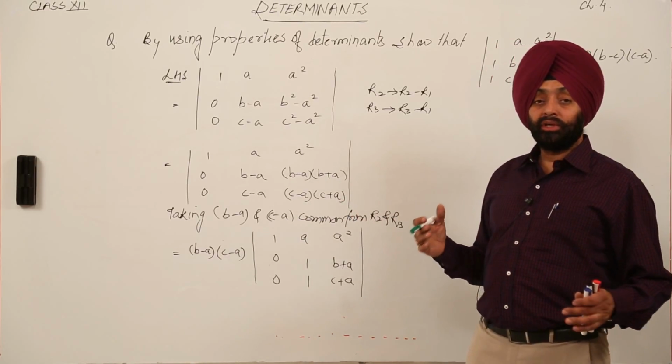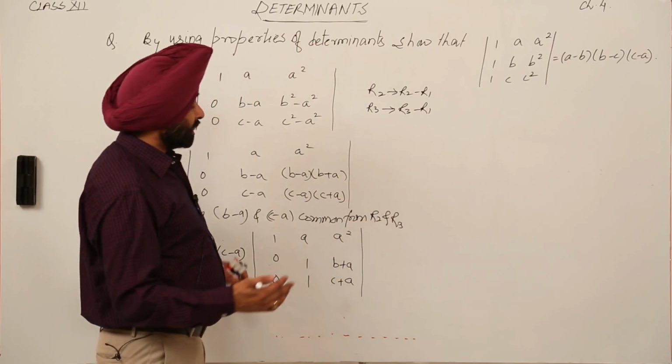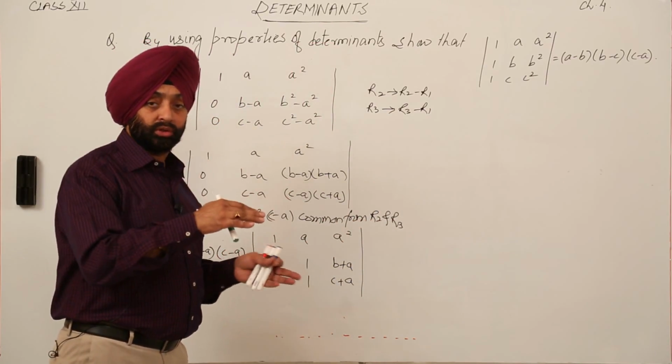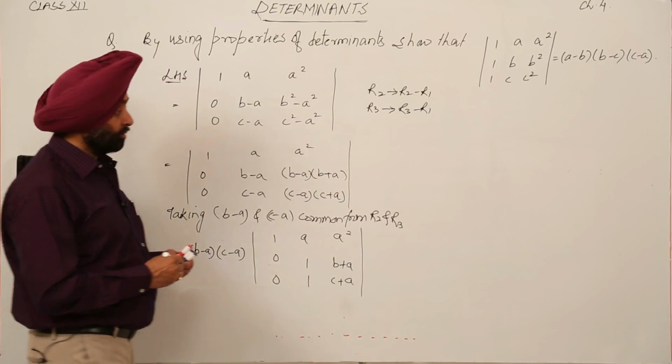But sometimes in difficult questions, if you are applying 4 or 5 operations, you are going away from the question, not solving it. So now b minus a, c minus a.